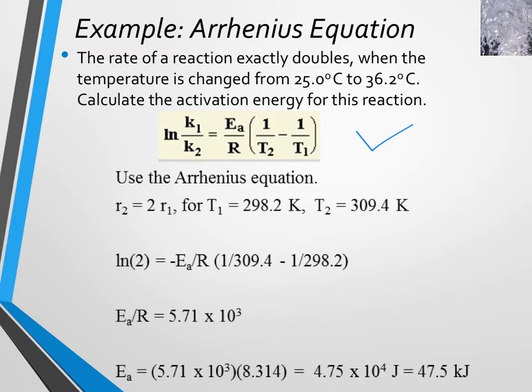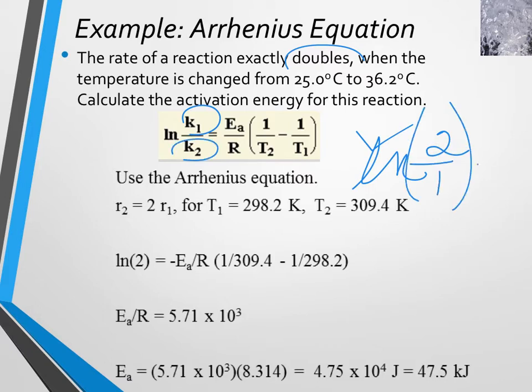And because it said the rate doubles, we're just going to randomly call K1 2, and we're going to call K2 1. Okay, now I just have to notice this is a version without a negative sign here. Now I just have to be careful that I put temperatures in the right places.